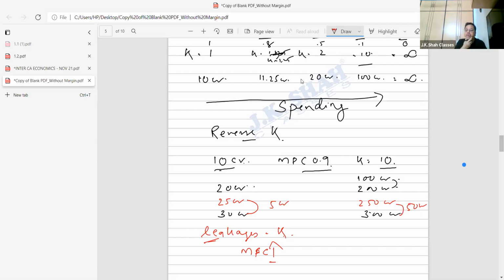Value of K depends upon value of MPC. MPC is more, K is more. MPC is less, K is less.